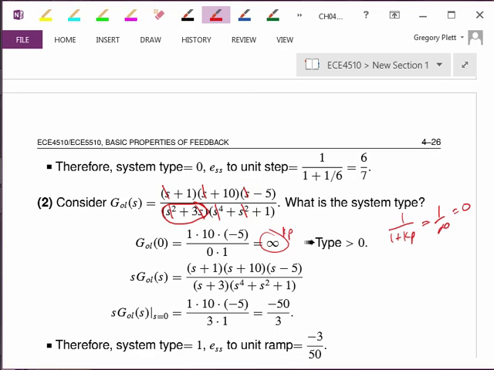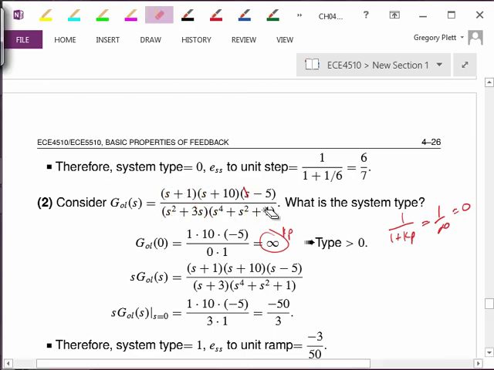So let's try the next one. Let's evaluate s times G of s. And when we do that, we notice that there's a factor of s that can be canceled, and it has been canceled when I've written it out here. So I've multiplied that whole thing by s, and it cancels that s in the denominator.